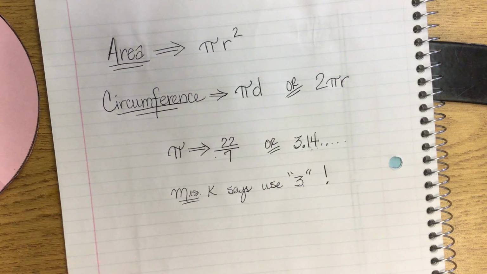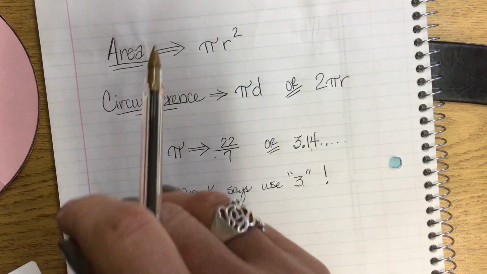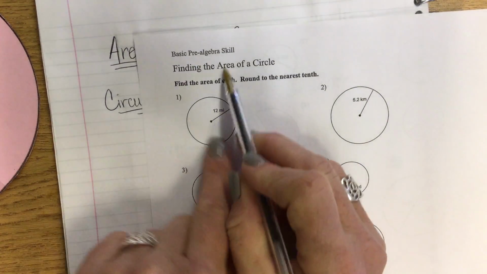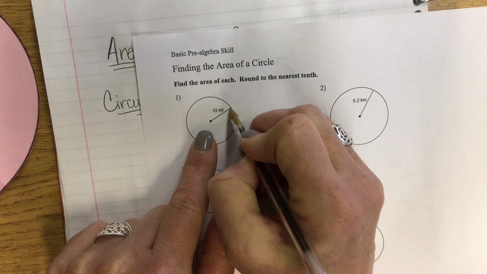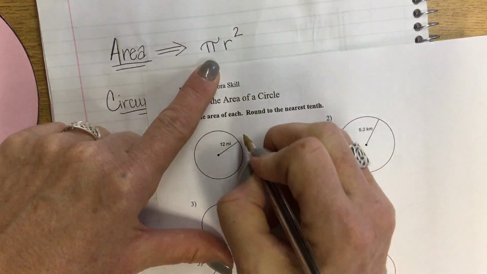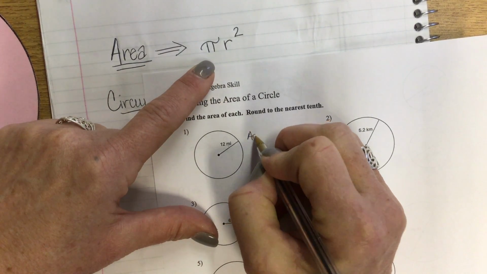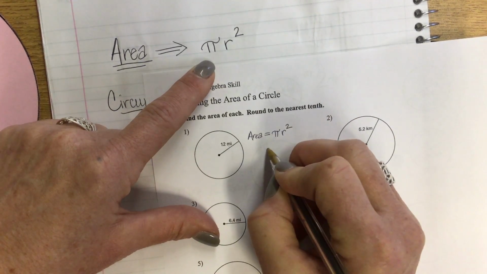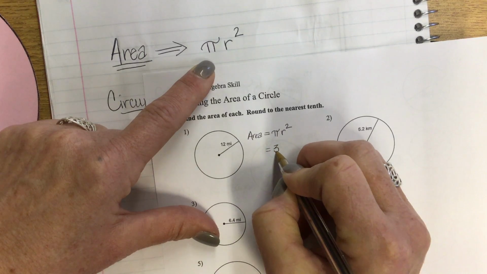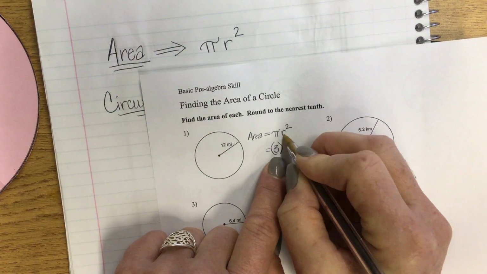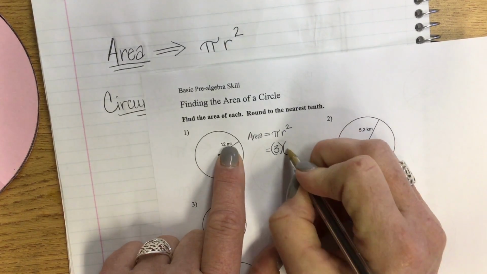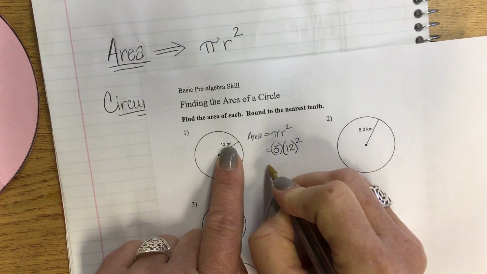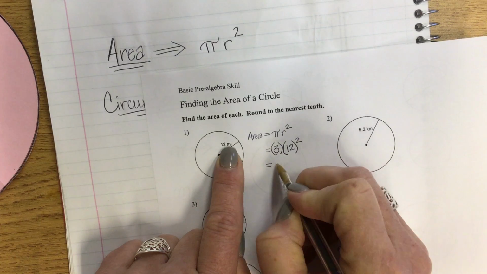So let's look at the activity that I have for you today. All you're going to do is use these formulas. For example, on the front, if they give us the radius, remember that we're doing area equals pi r squared. I'm going to substitute the value of 3 for pi, put it in parentheses to mean multiplication. My radius is 12, and I'm going to square it. Remember, when you square a number, you're not multiplying it times 2.